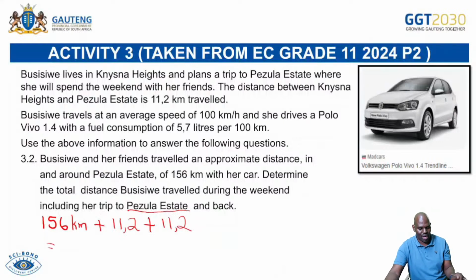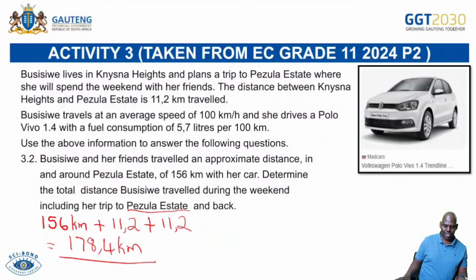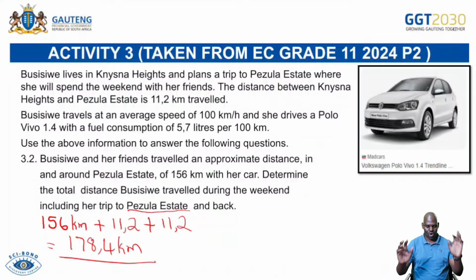So in total, it's 156 plus 11.2 plus 11.2, or we could have said 11.2 times 2. So we get 178,4 kilometers. They traveled a total distance of 178,4 kilometers. That is number 3.2.